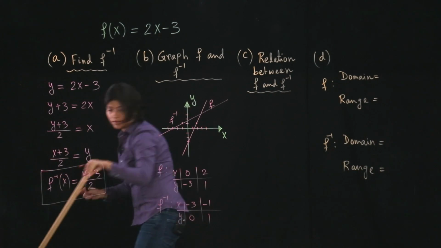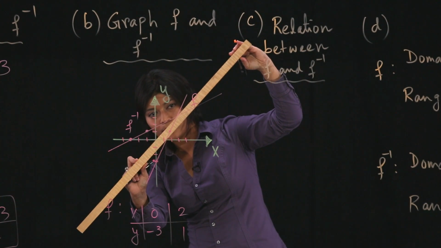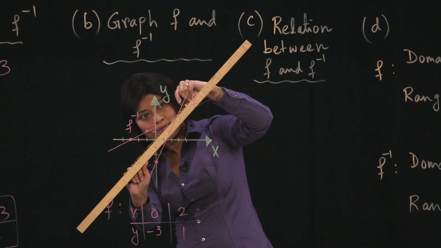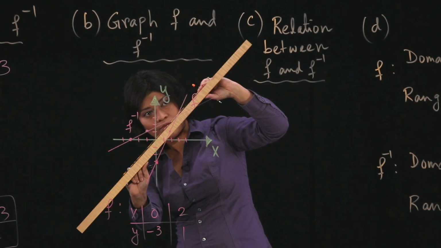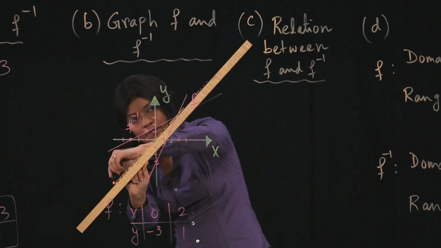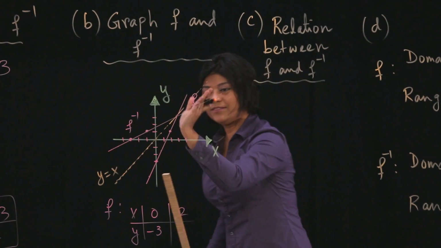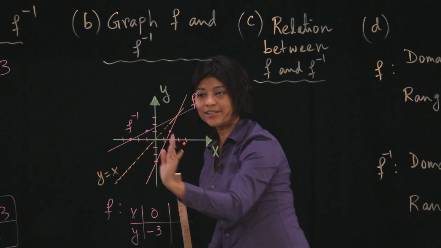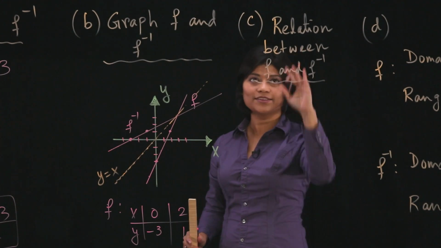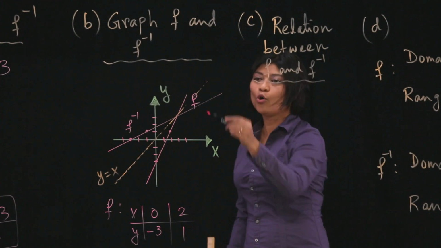If you graph y equals x, you can see if you place a mirror right on y equals x, f and f inverse are just images of each other. So what is the relationship between them? It's that f and f inverse are symmetric about y equals x.